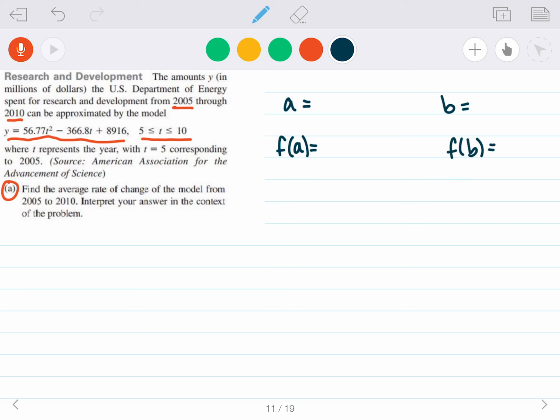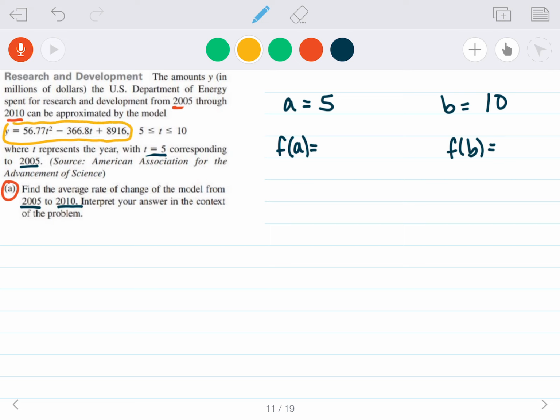Well, we're trying to figure out from 2005 to 2010. So it says that t equals 5 represents 2005. So A is going to be 5 and B is going to be 10. That's our starting and ending inputs. Now, what about the corresponding outputs? Well, that is going to be given by my function rule here.